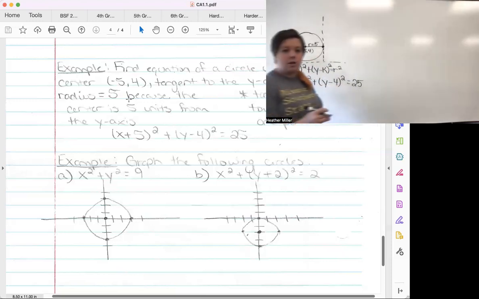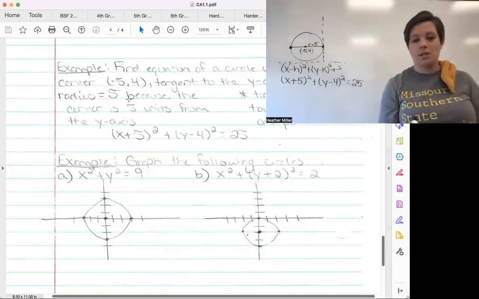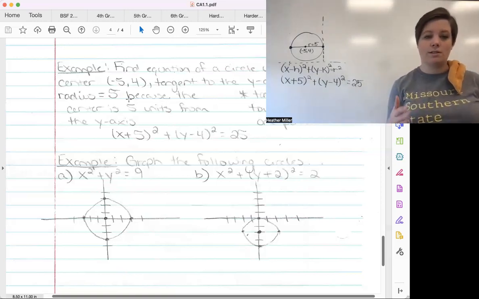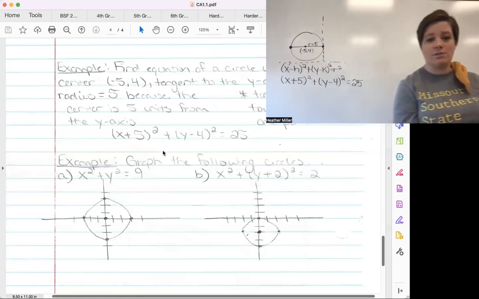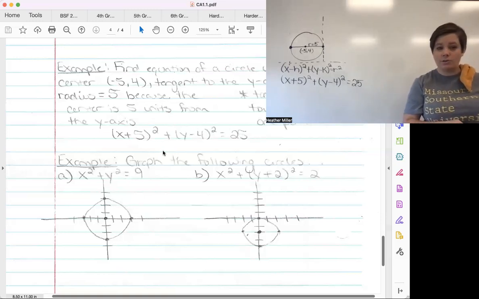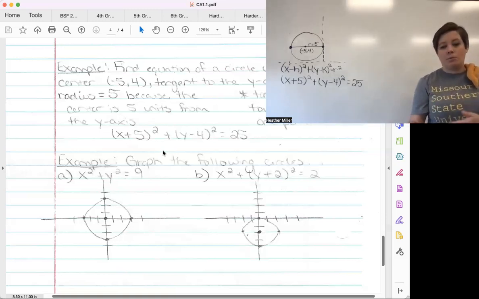So do note that if you are tangent to something, that means you touch it with just one spot. And there's a little bit more of the information. The radius is 5 because the center is 5 units away from the y-axis.